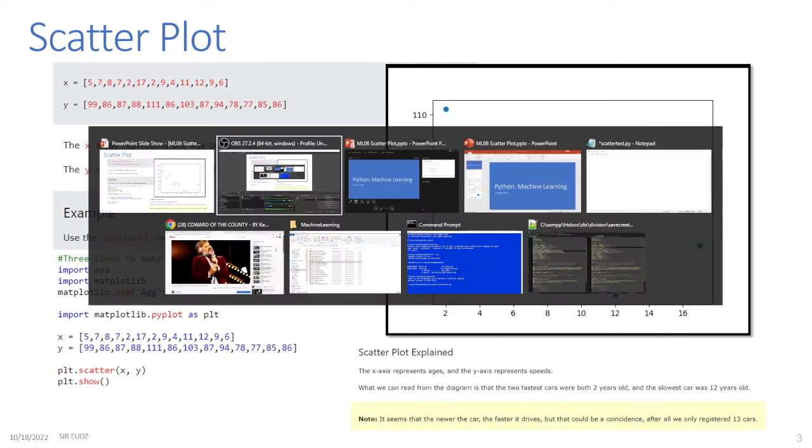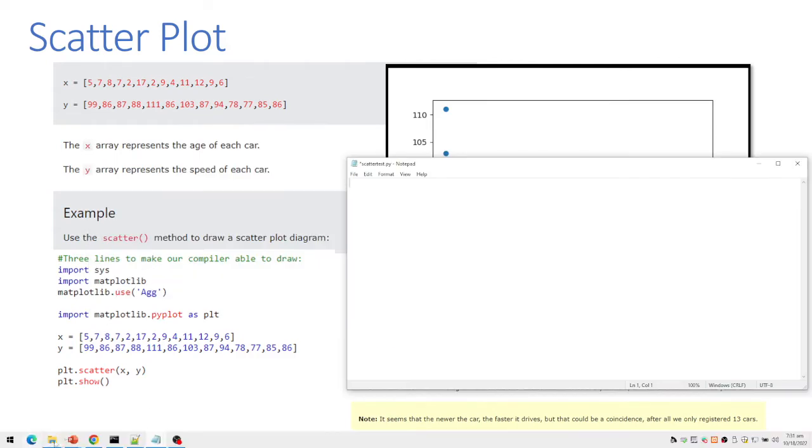We can try that using Python. So let's say, for example, we import matplotlib.pyplot as plt. That's the library we have to import in creating scatter plots.